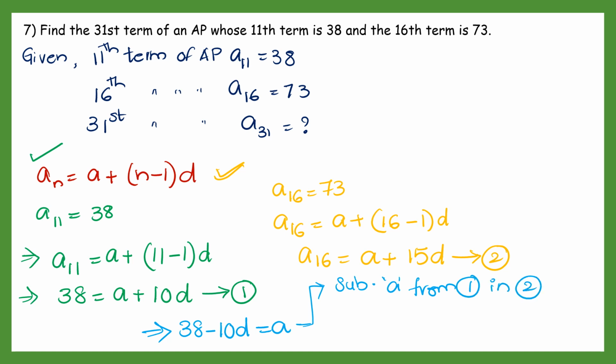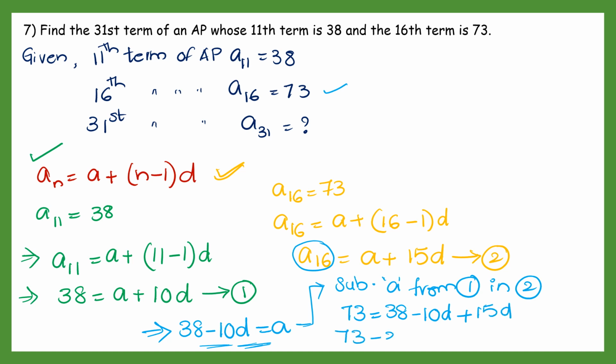A16 we already know, 73. So 73 is equal to A, which is 38 minus 10D, plus 15D.